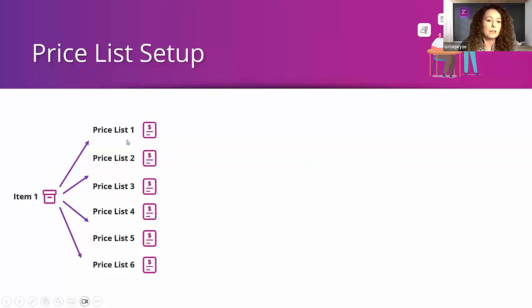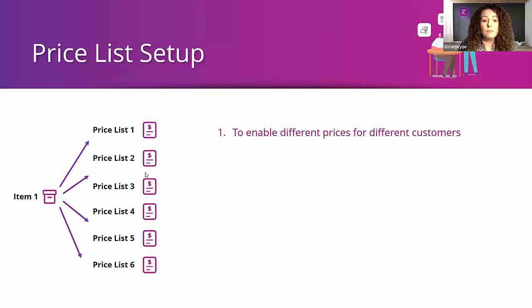Price list 1 might be a regular sales retail price. Price list 2 might be a special sales price. Price list 3 might be a cost price, and so on and so on. And maybe they're different currencies as well. So it's important that you define what those price lists are going to look like.